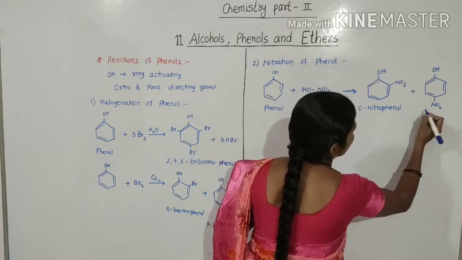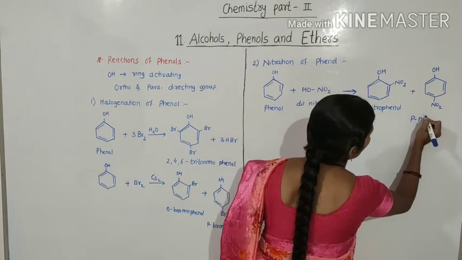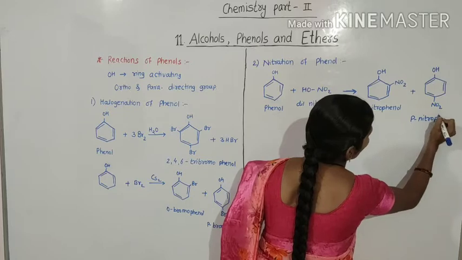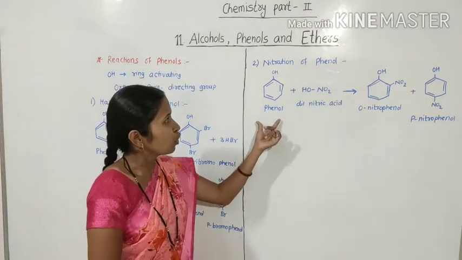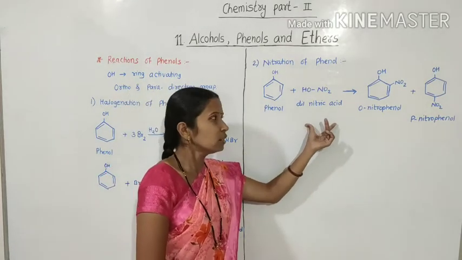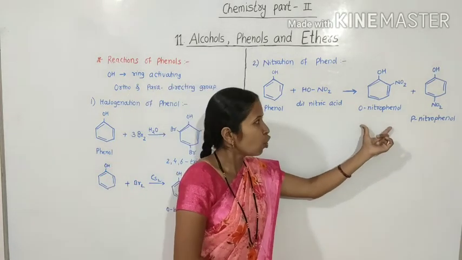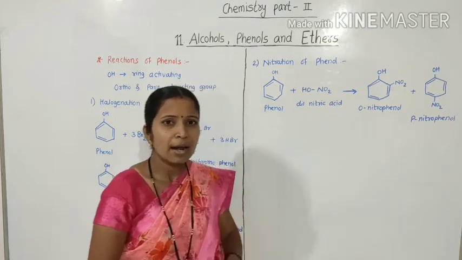Here phenol reacts with dilute nitric acid to form a mixture of orthonitrophenol and paranitrophenol.